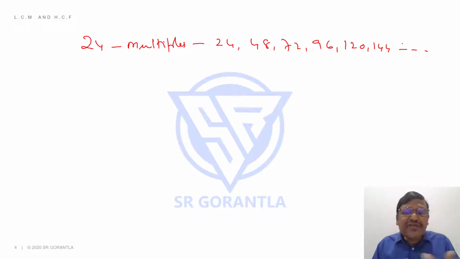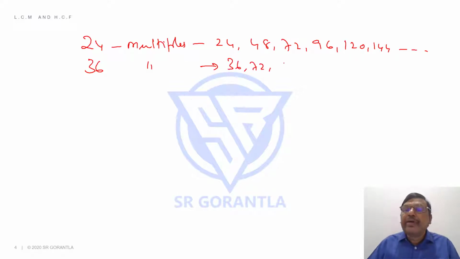These are multiples of 24 because all these numbers are divisible by 24. Let me ask you one more example. What are the multiples of 36? That means the numbers that are divisible by 36, the 36th table. 36, 72, 108, 144 and so on. So these are multiples of 24 and this is 36.